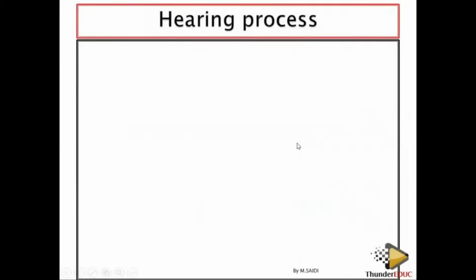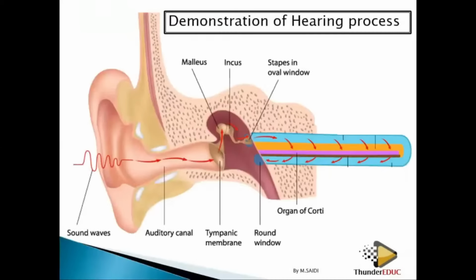Let's look at the hearing process. Before you talk about it, you need to look at how the ear receives and takes the information to the brain. This is what you're going to describe. Sound waves are received by the pinna. Then the pinna sends the information to the tympanic membrane via the auditory canal.